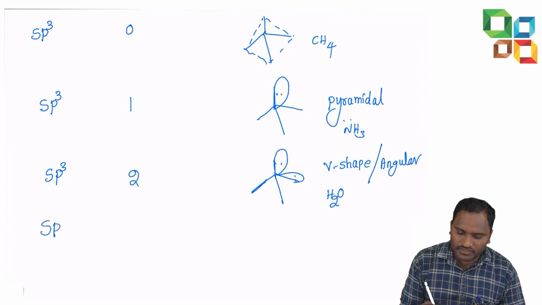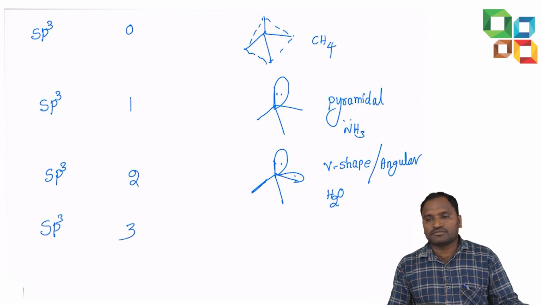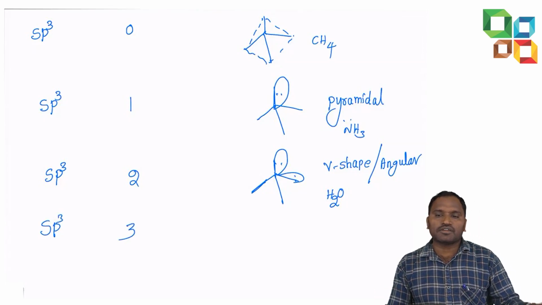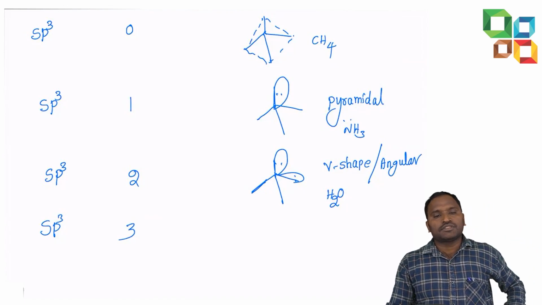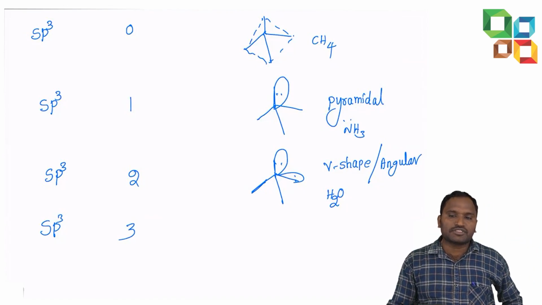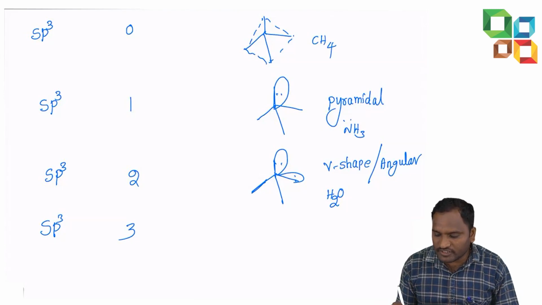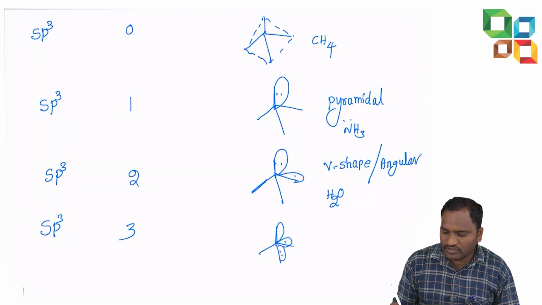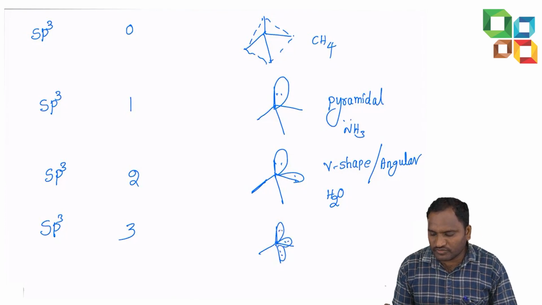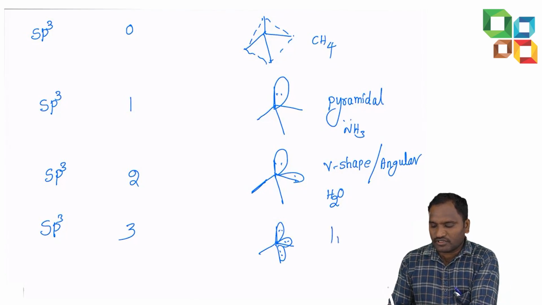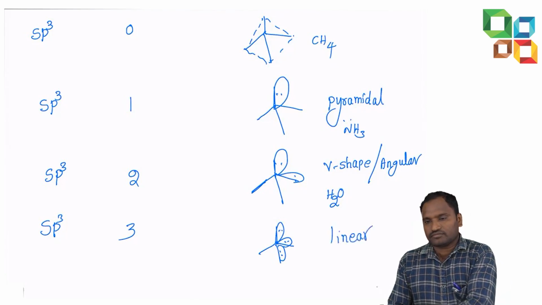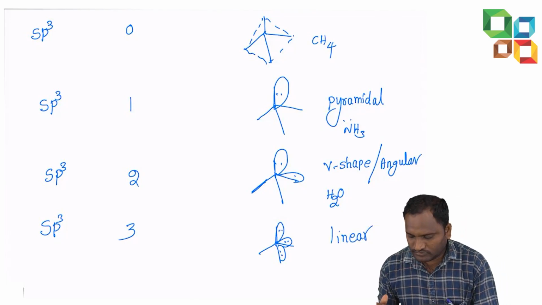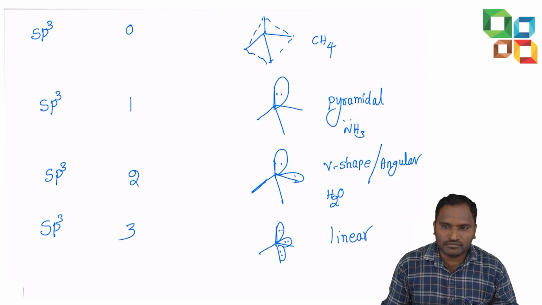If one more lone pair is there, can you tell me the shape of the molecule? Linear. Dhanush, correct answer. Avni, correct answer. Linear it is, because all three bonds will be occupied by three lone pairs. This molecule is imaginary and very unstable, so I can't give an example, only linear. Do it, students.